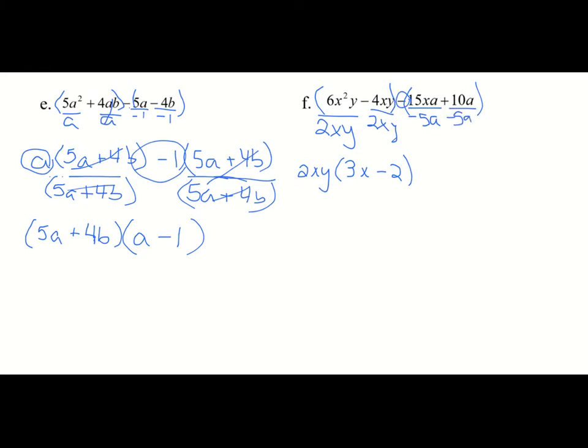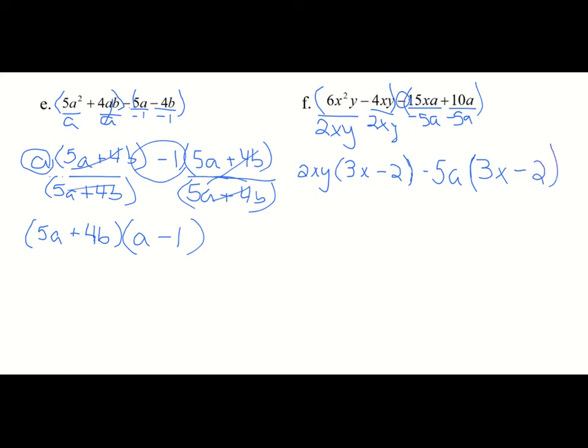So that's going to give me negative 3x, or excuse me, I need to put my negative 5a right there first. Let me put my negative 5a times, and then I'm going to have a positive 3x. And then 10a divided by negative 5a will give me a negative 2.